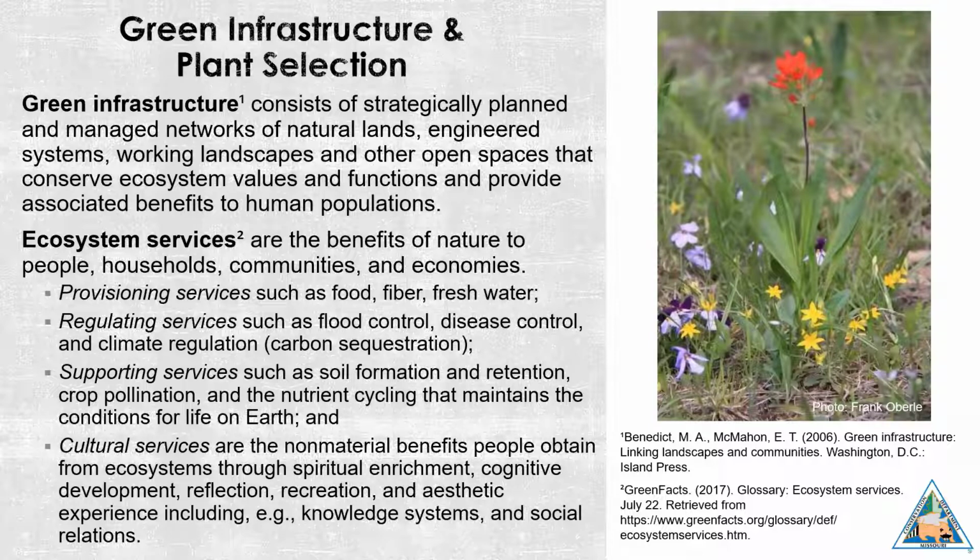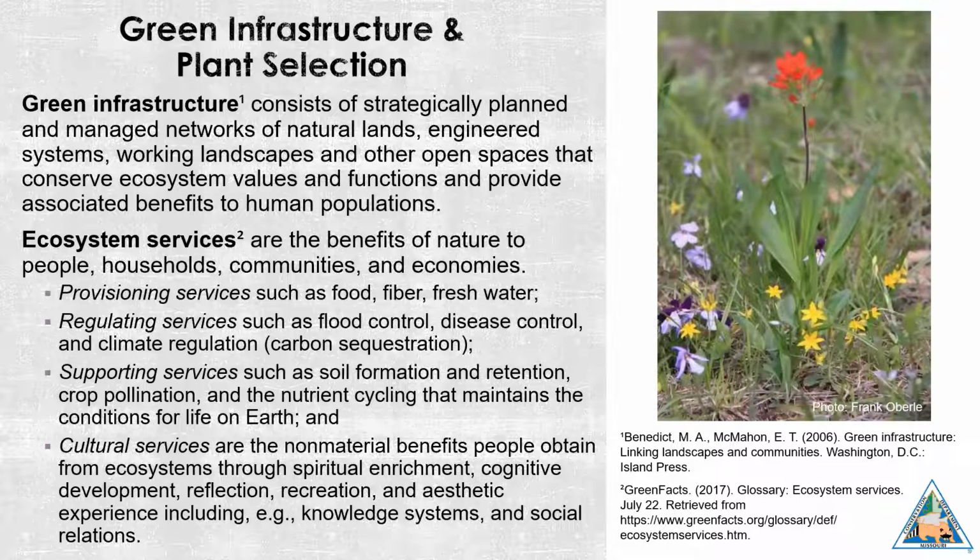So taking a step back and just thinking about infrastructure as a whole, these are working systems that are doing a job, they're providing a benefit to people. A gray infrastructure system is one that is going to be man-made or constructed. These are things like your sewer networks underground, or your transportation system, all of your roads, or even your utility network.